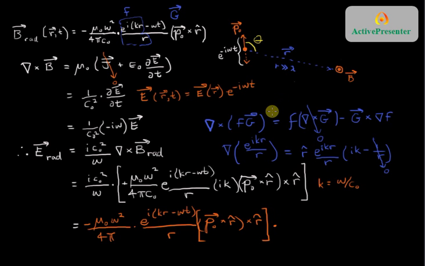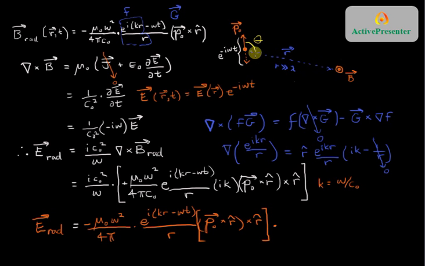Now just think about what we've got here a little bit. Look how similar B rad and E rad are to each other. They have exactly the same sort of dependence on r and on time. The orientation of the E vector is a cross product of the B vector's direction, which is into and out of the page, and the r hat vector, which is in the plane of the page.